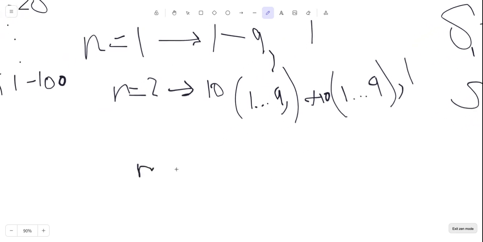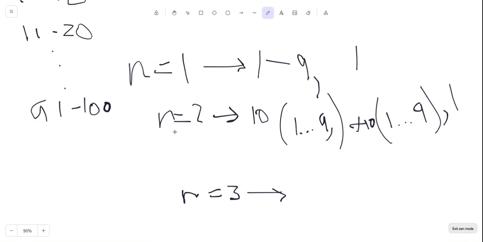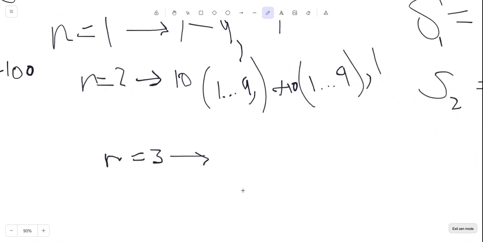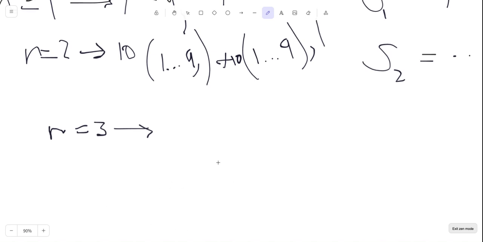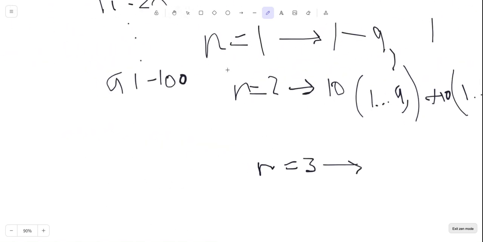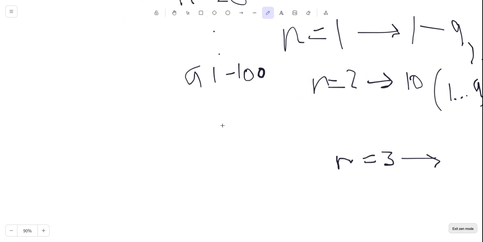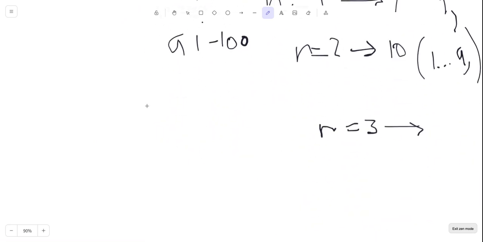Okay, n equals 3. So we would have 1 through 1,000, right? Actually, let's express this in terms of the previous sum now. For n equals 2, for example, since we have 10 times as many numbers, we have 10 times the previous sum.